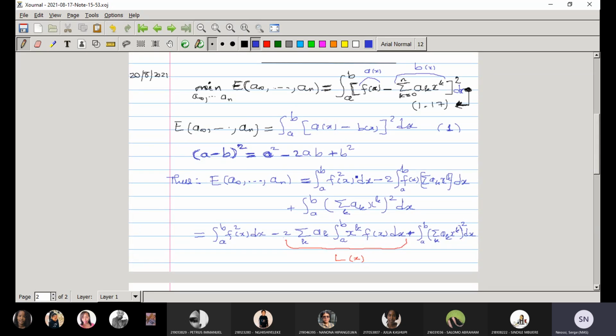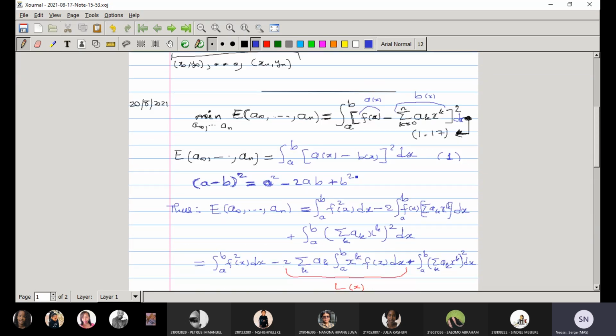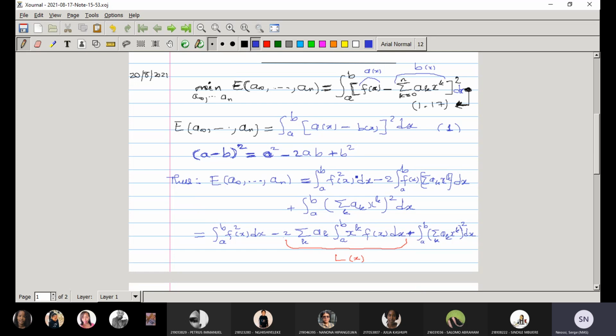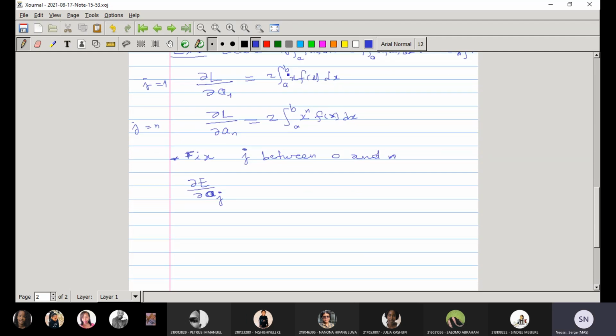Okay, now let us come to this expression. So now, if we differentiate this with respect to a fixed j, which is any value between 0 and n, you can see that this does not depend on a. Another, the best way for you to see, let me do this for you to see properly. Let me rewrite this expression with respect to j, this fixed j.